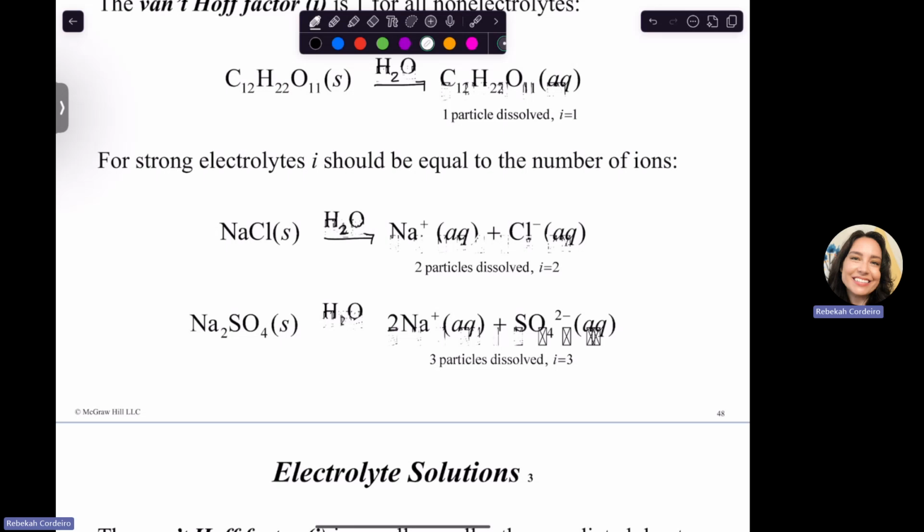We're not going to separate the polyatomic ions into pieces because a polyatomic ion is a covalently bonded substance that has a charge. So if we make 2 sodiums and 1 sulfate, my i would be 3, theoretically.